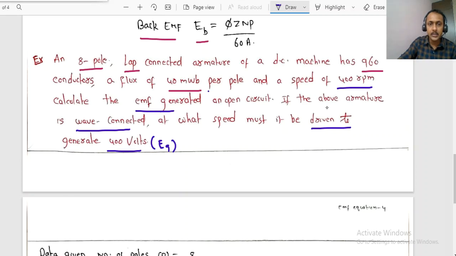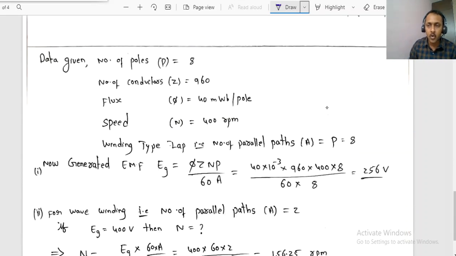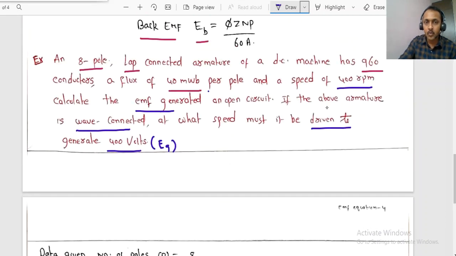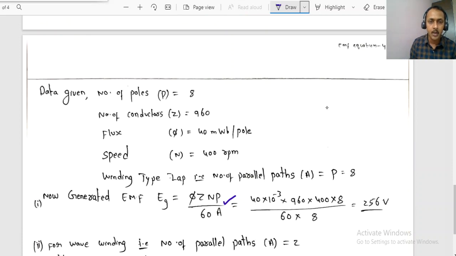The question is simply asking for the generated EMF, EG. For that we know the formula, EG equals φZNP by 60A. While attempting this question, for all the numericals the exact variable name is to be known, otherwise it will be very difficult to do the substitutions. For example, the moment we see 8 pole, it should come to your mind the number of poles, P equal to 8.